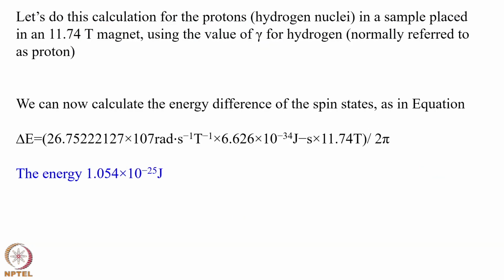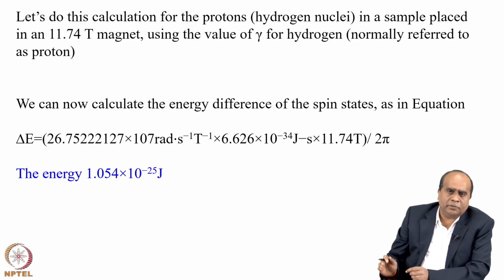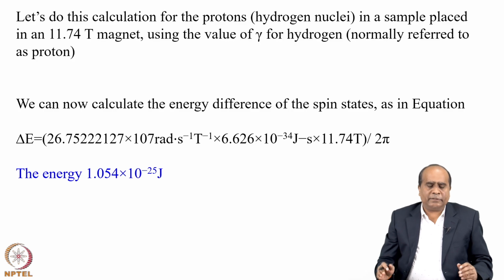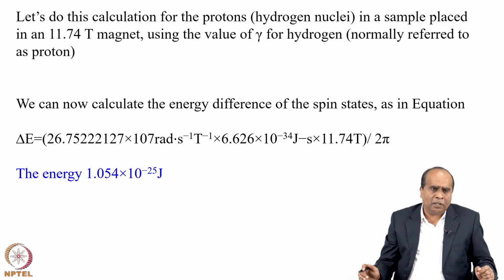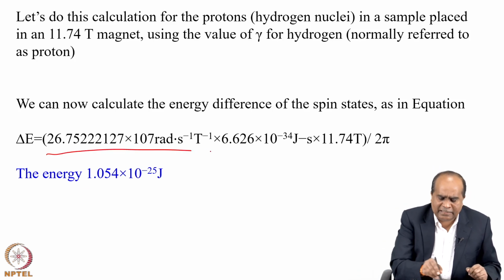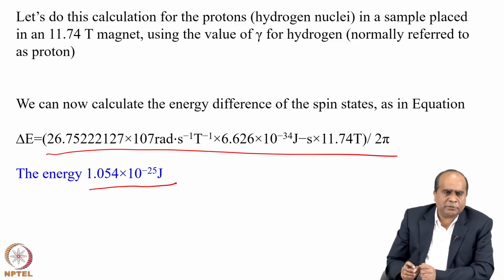Now, coming back, the same calculation for a hydrogen nucleus in nuclear spin. If we put this hydrogen nucleus at 11.74 Tesla, using the gyromagnetic ratio of hydrogen, normally referred to as proton, after doing all these calculations of delta E, the energy is this much, 1.054 into 10 to the power minus 25.